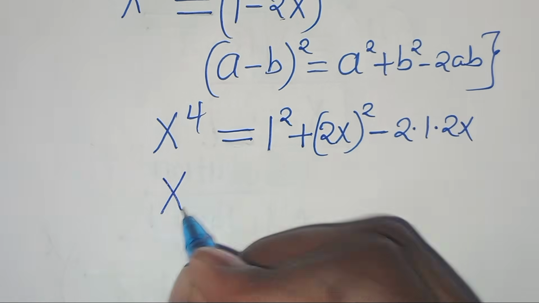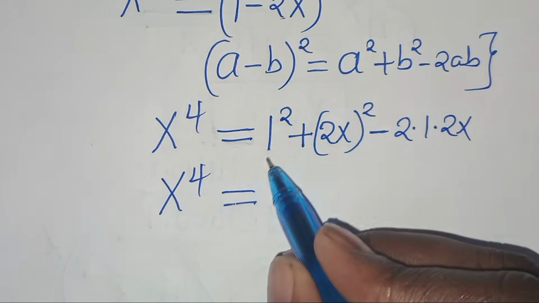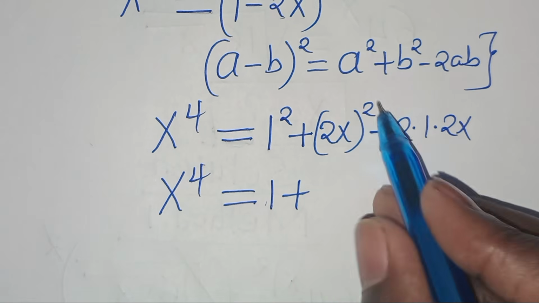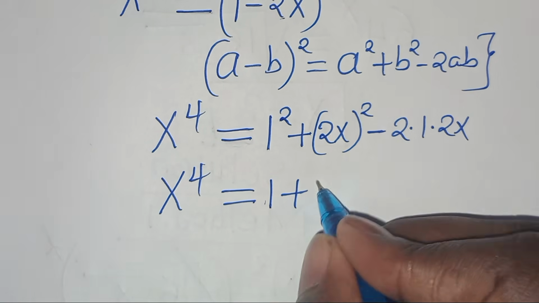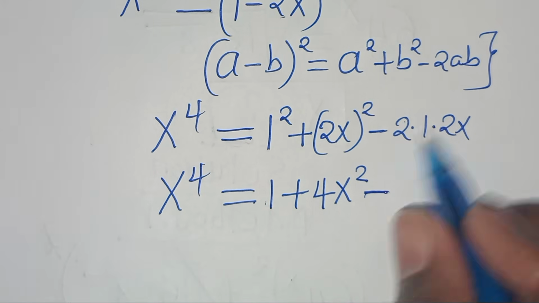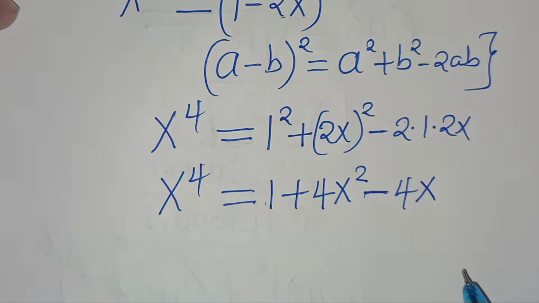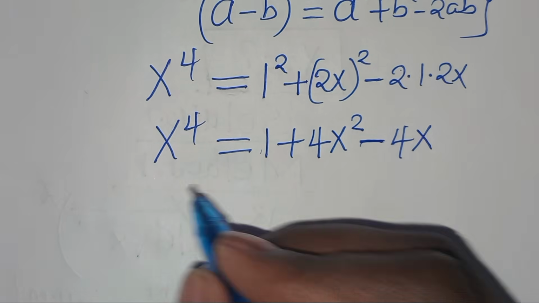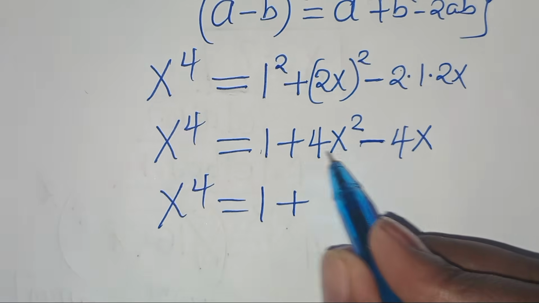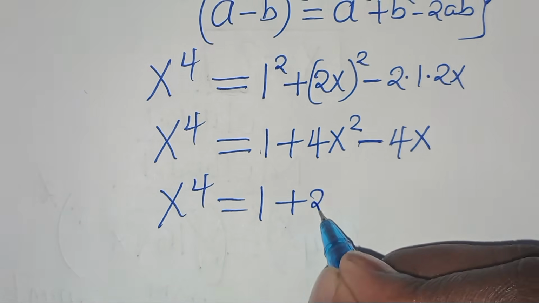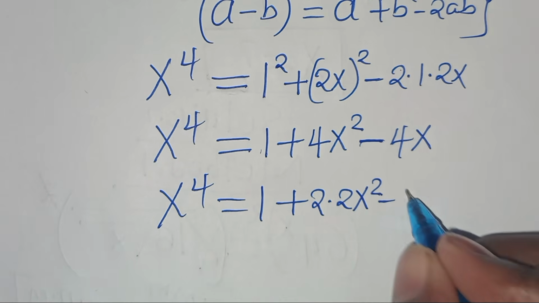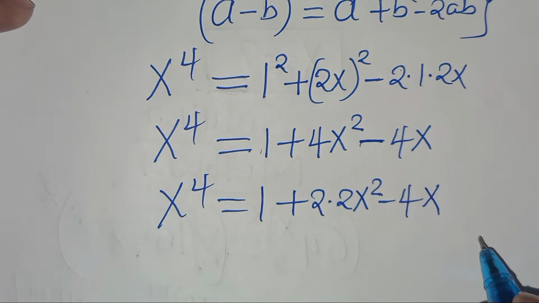So x to the power of 4 is equal to 1 squared, this is 1, then plus 2x to the power of 2, so this becomes 4x to the power of 2, then minus 2 times 2x, this is 4x. Now, x to the power of 4 is equal to 1 plus 4x squared. This is the same thing as 2 times 2x to the power of 2 minus 4x.